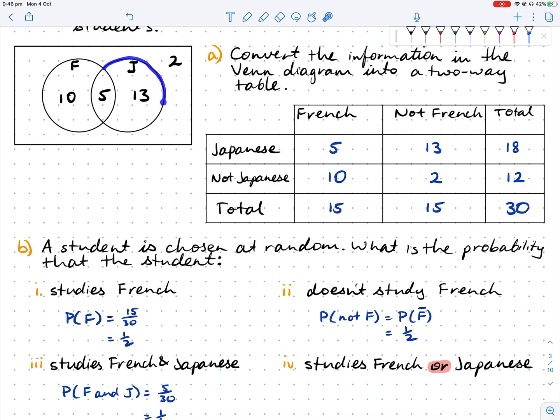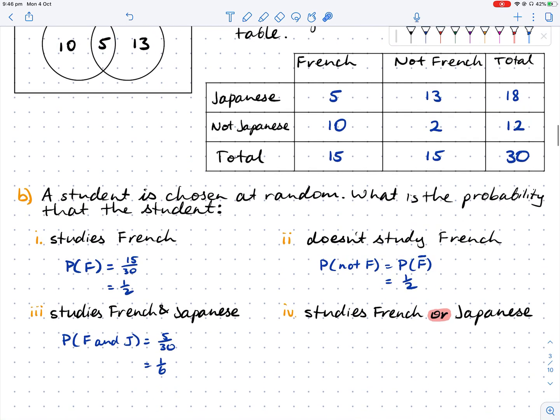We're looking at everyone inside these 2 circles, so we want the 10, the 5, and the 13. When we add all that together, the probability of French or Japanese is 28 out of 30. When we simplify that, that's 14 out of 15.